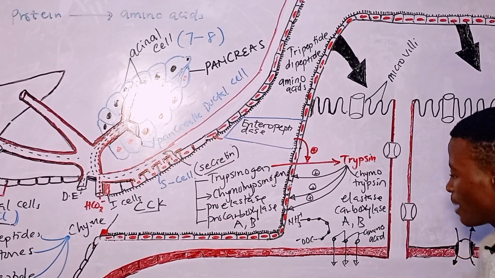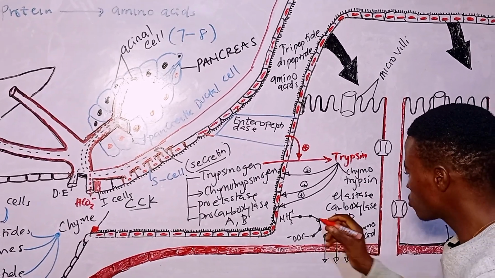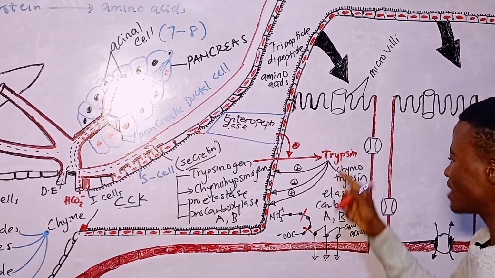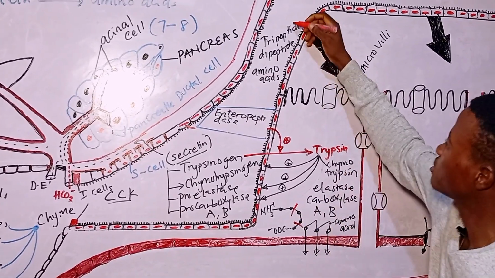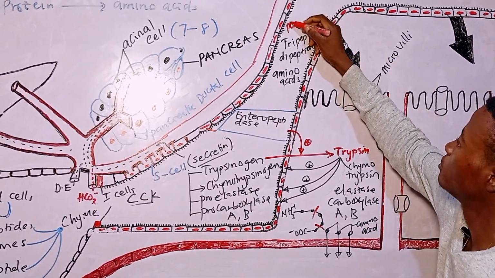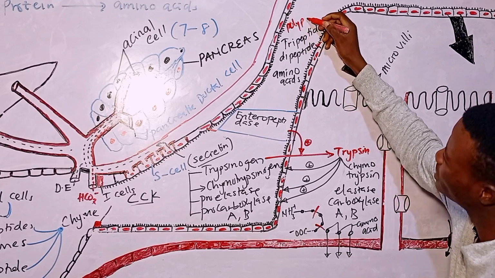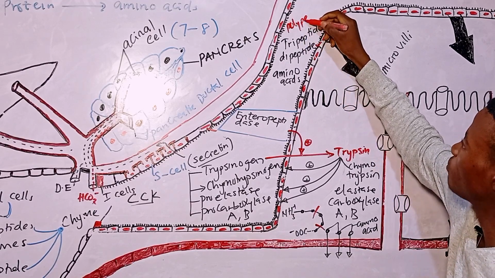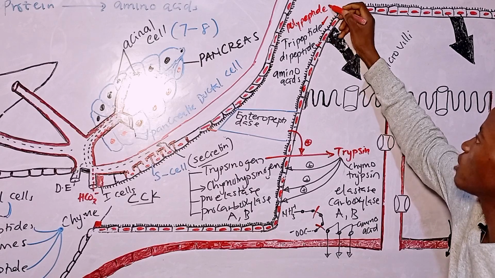That is, they act by cleaving up the protein. So the products formed as a result of their action are tripeptides, dipeptides, and a little bit of small chain, or low molecular weight, polypeptides.